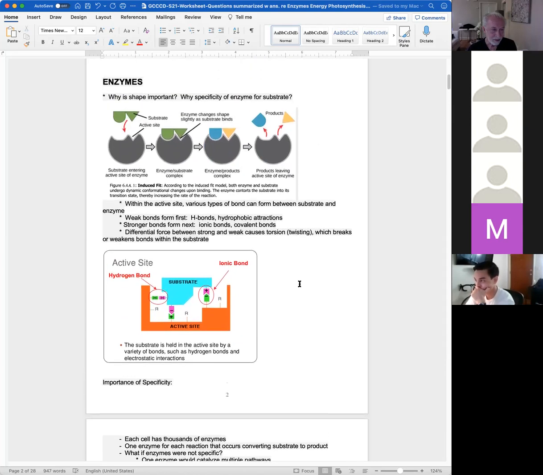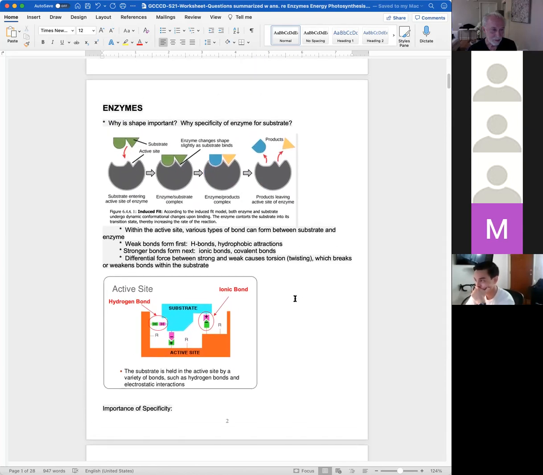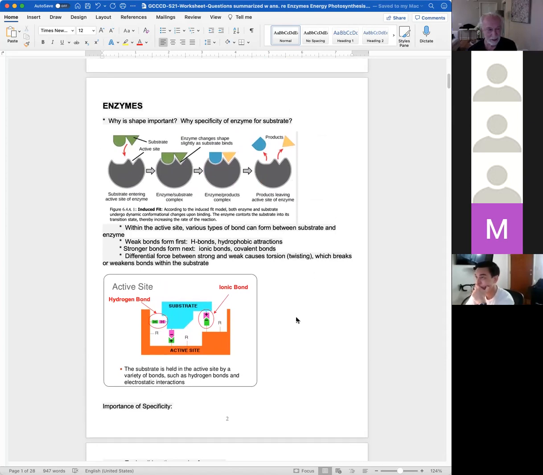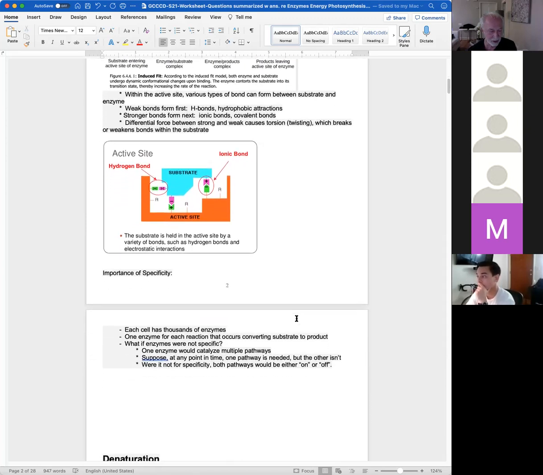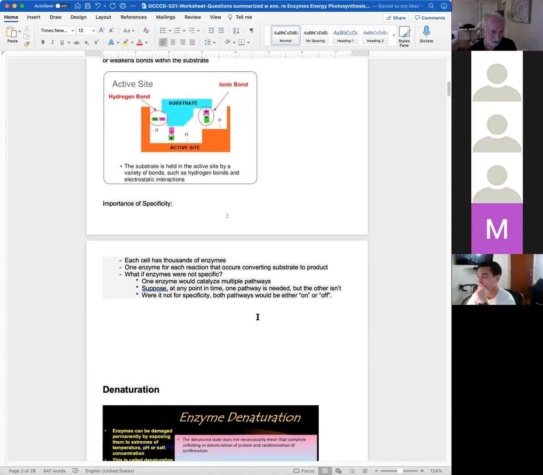The next question that comes up, so this is why shape is important. But shape also dictates specificity. So why is specificity important? Well, if we go down to the next statement, each cell has thousands of enzymes, one enzyme for each reaction that occurs, converting a substrate to a product.